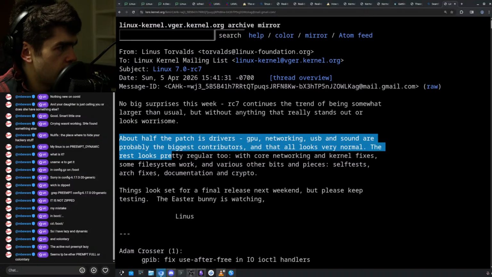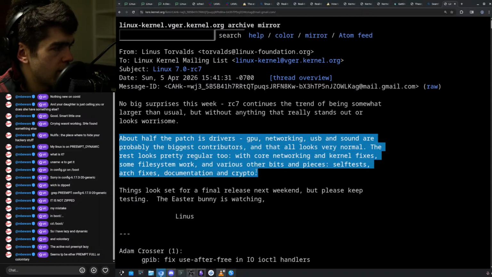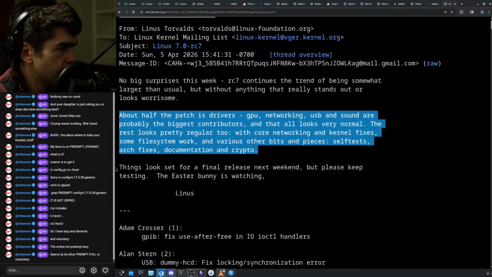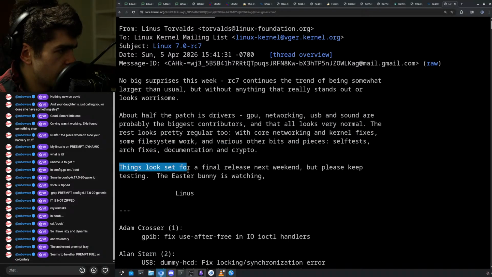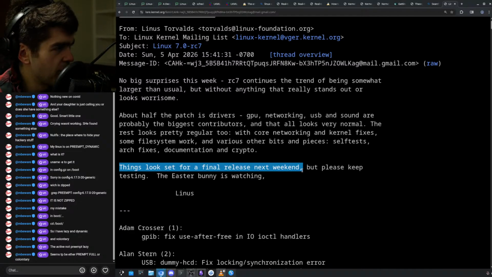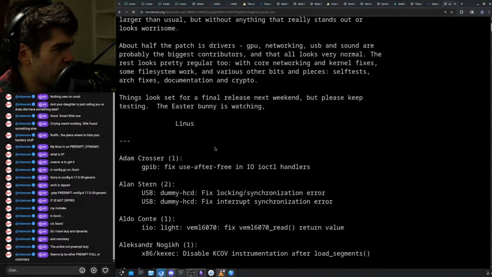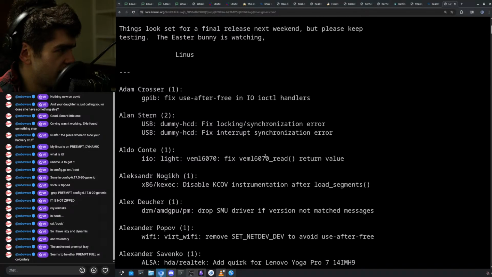The rest looks pretty regular too, with core networking and kernel fixes, and file system work, and various other bits and pieces, self-test, arch fixes, documentation, and crypto. This looks set for a final release next weekend. Thank you. But please keep testing. Easter Bunny is watching.